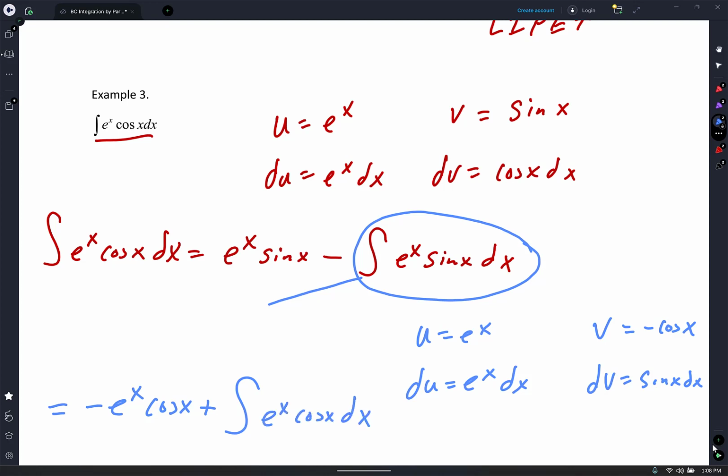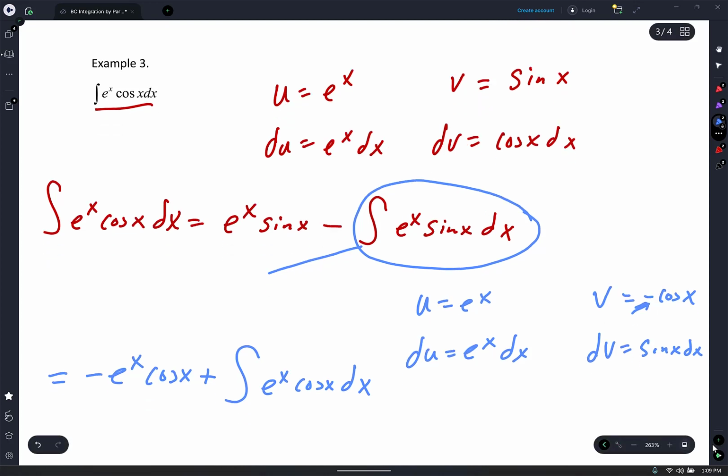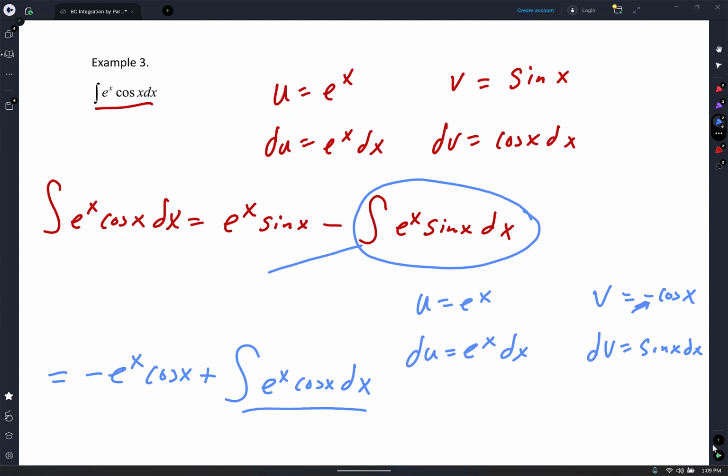And here's where you should stop. It's minus, but this is negative, so minus a negative turns to a positive. Hopefully by now you're seeing, hey, look, I have the same thing again. That's a good thing because now we can just do algebra with it.